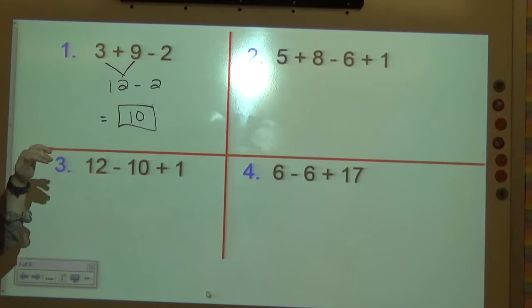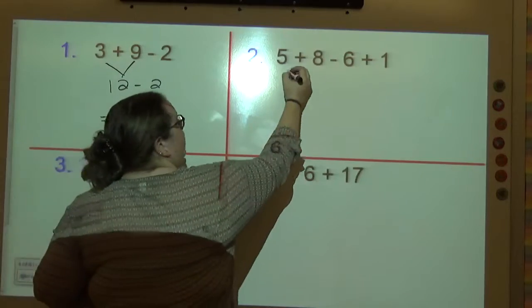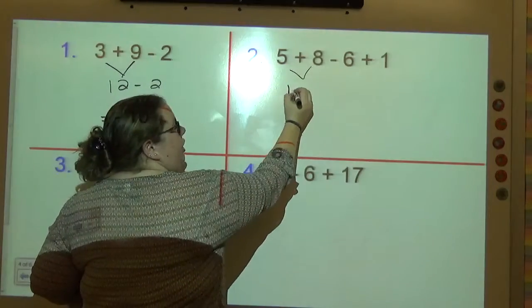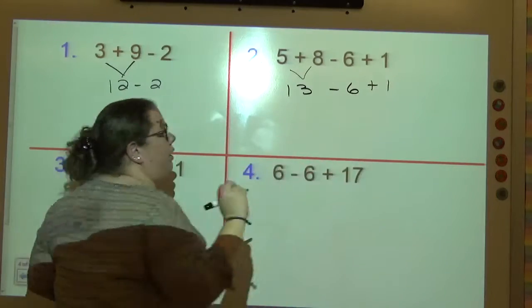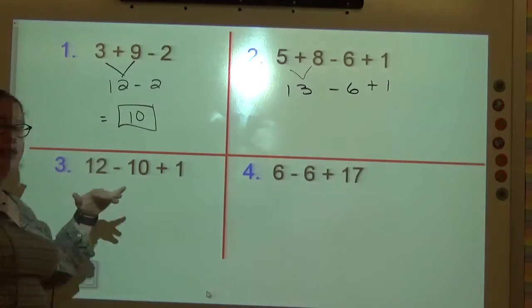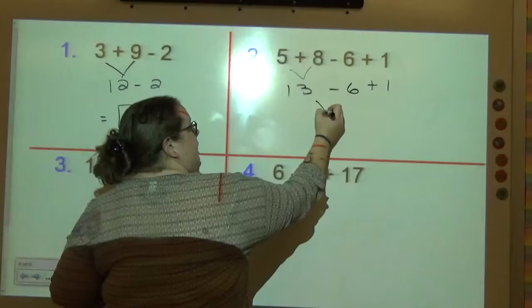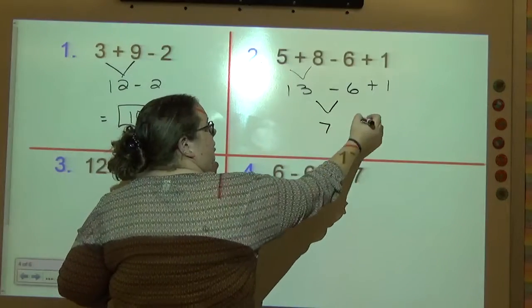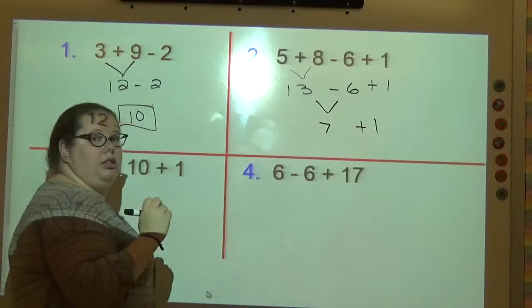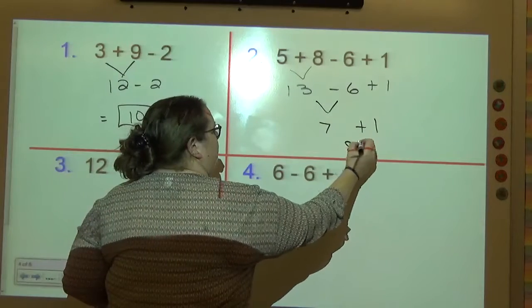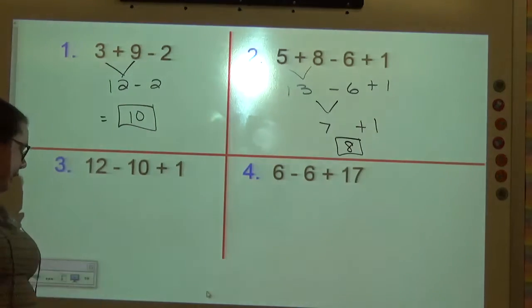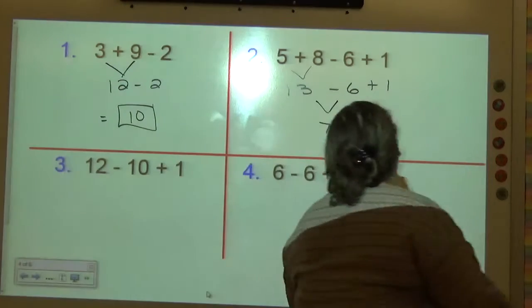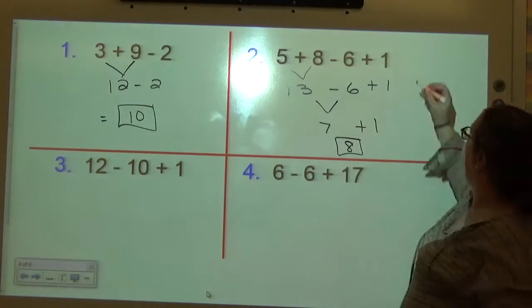Going from left to right. 5 plus 8 is 13, minus 6 plus 1, bring those down. Now again, left to right, 13 minus 6 is 7, bring down that plus 1, and we get 8. Now let's see what happens if we get the same or different answer if we did all the addition first.